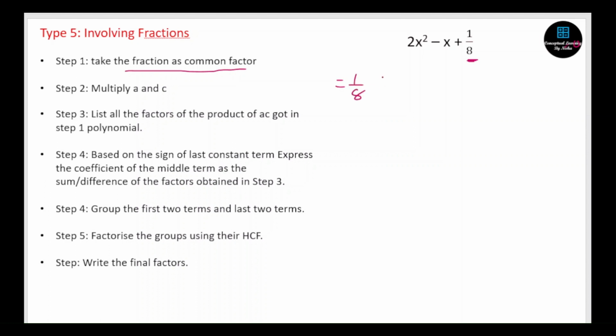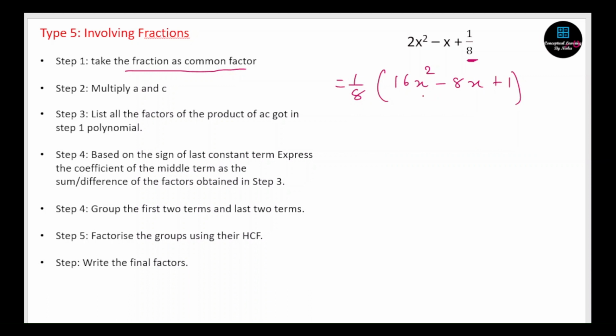That means we have to multiply the remaining terms by this denominator, which is 8. So I'll get 16x square minus 8x plus 1, because here only 8 went out.